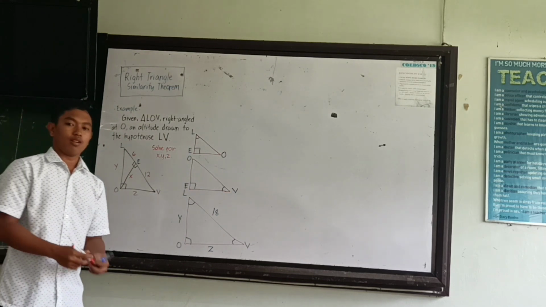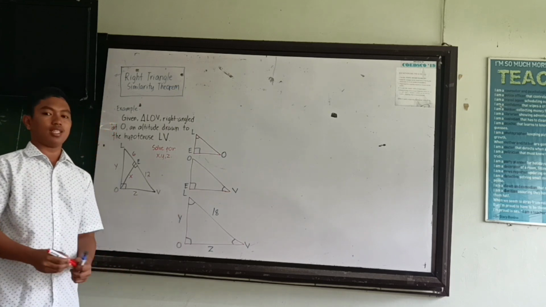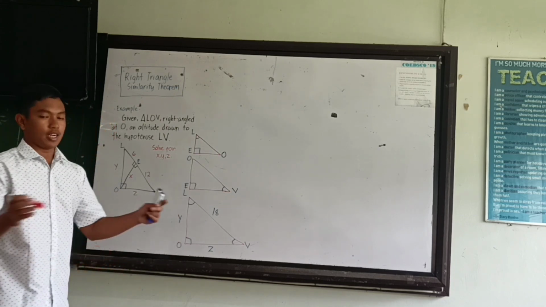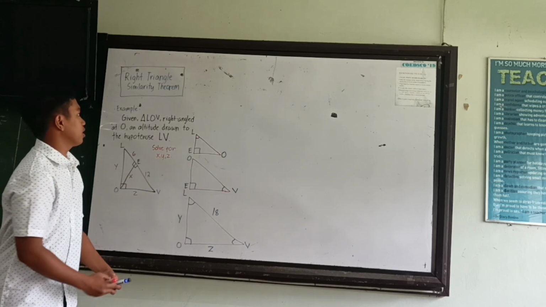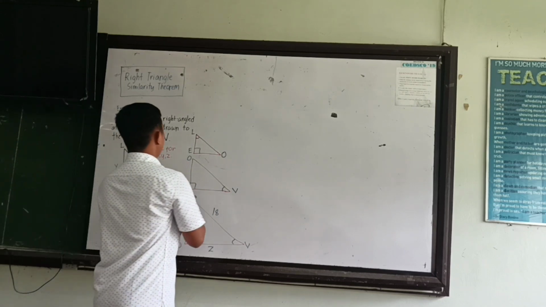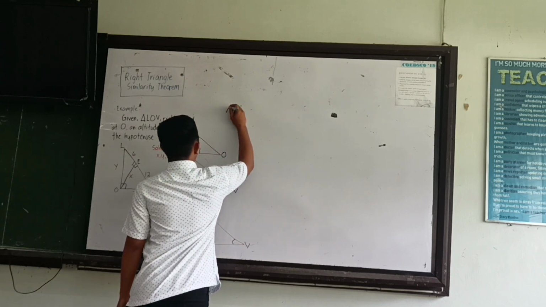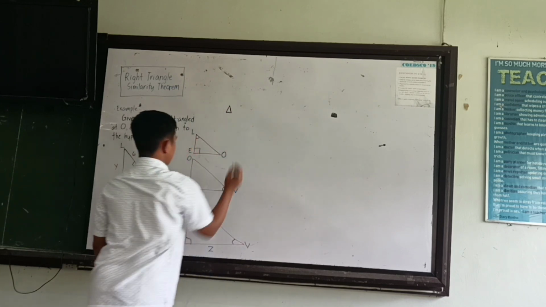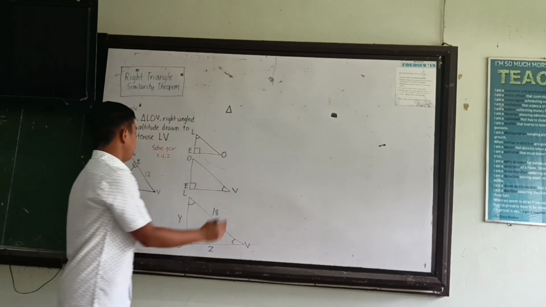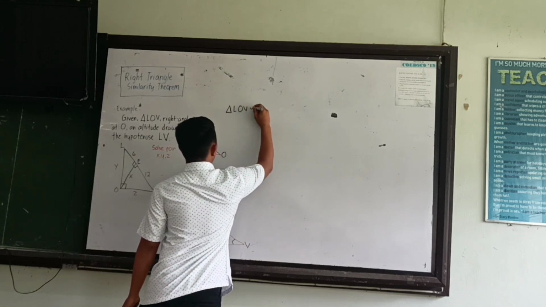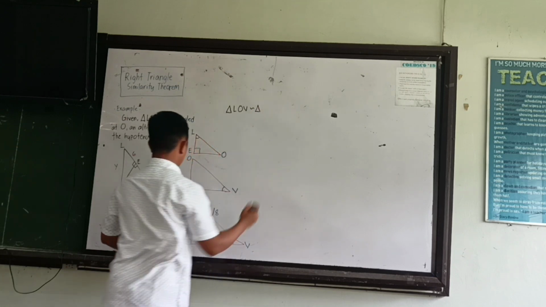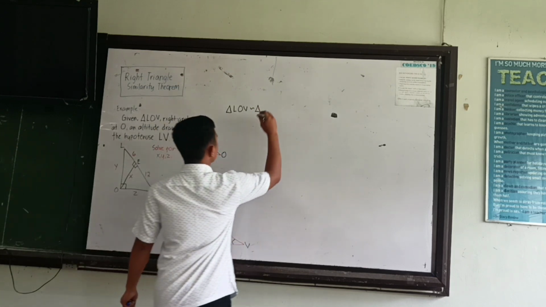Now, what we'll do next is find the proportionality statements. But first, let us define the similarity between these three triangles. Let's start with the original triangle. Triangle LOV is similar to the bigger triangle OEV.